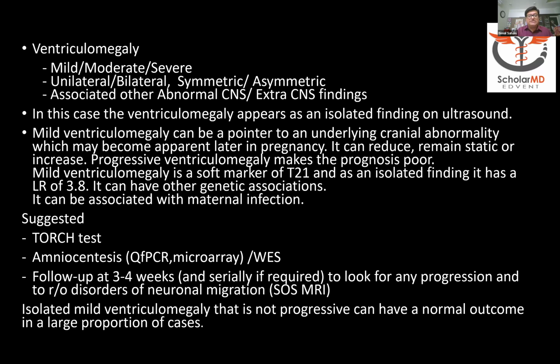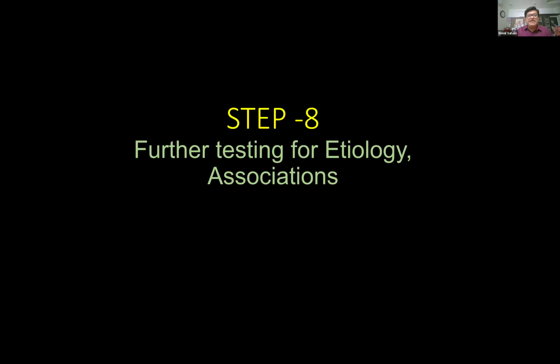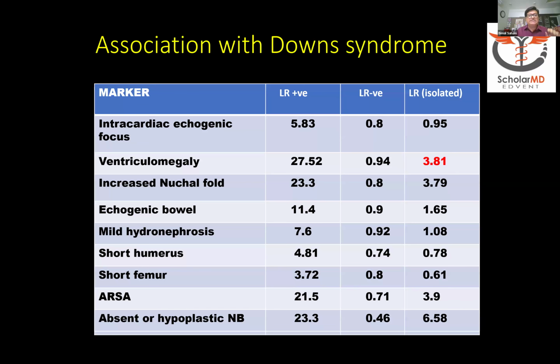And I will also put a statement saying that isolated mild ventriculomegaly that is not progressive, after having ruled out everything, can have a normal outcome in a large proportion of cases. So this is all what I'm telling the patient, but at the same time, you should put it on paper also. Step 8 is further testing for etiology and associations.